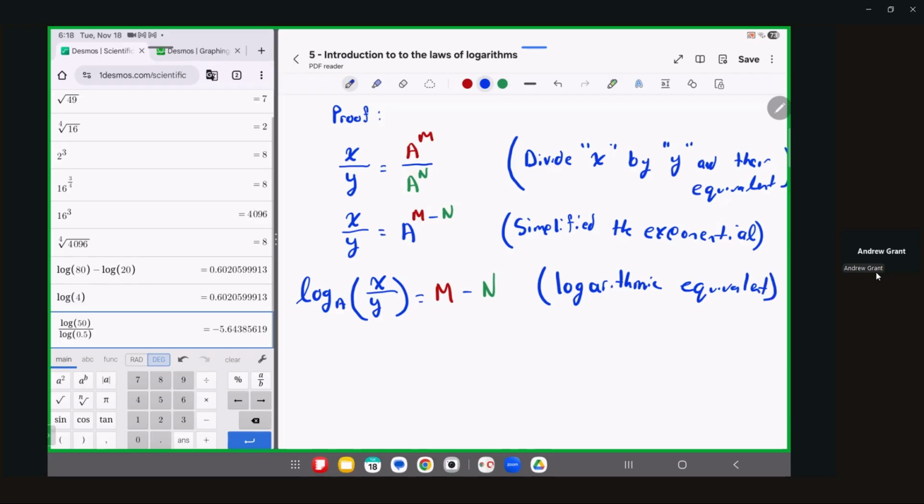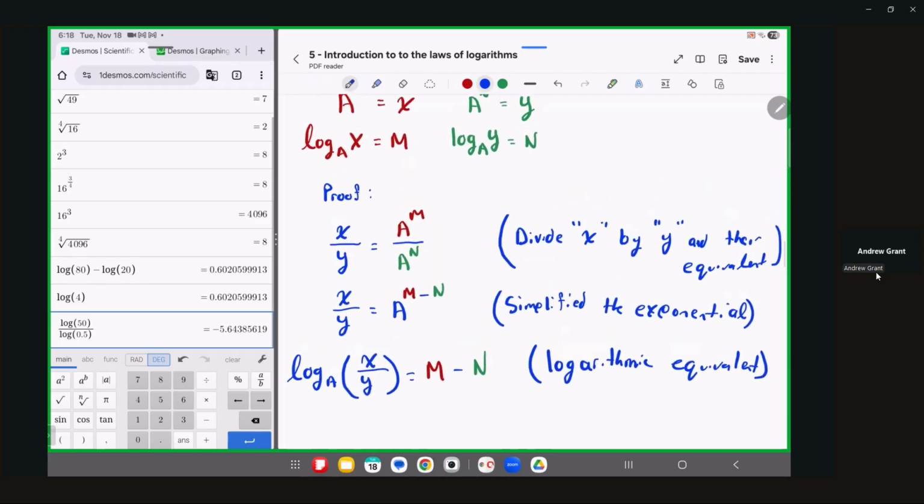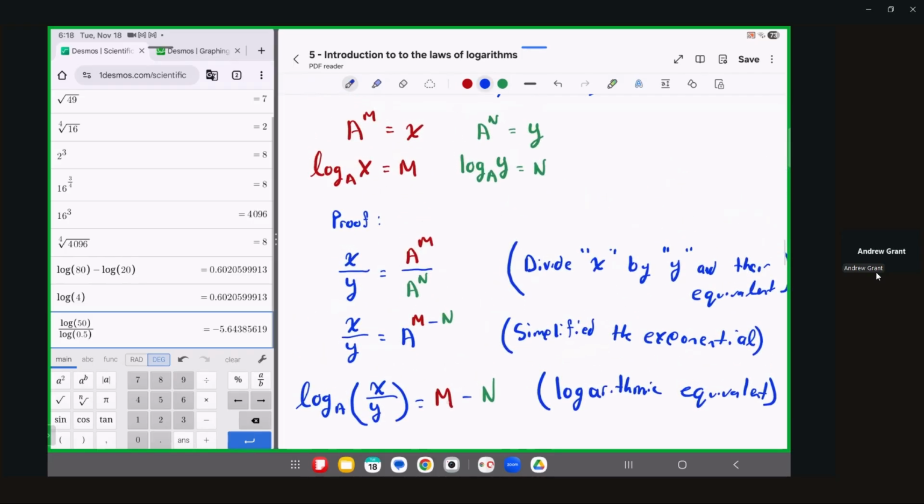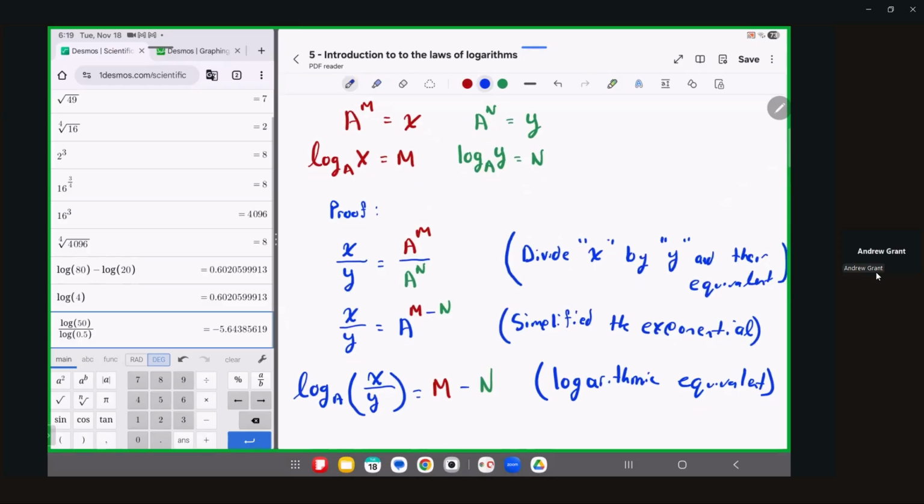So what happens now? Well, if you notice at the start here, I already have an expression for m. M, we said, was log base a of x, and n was log base a of y.